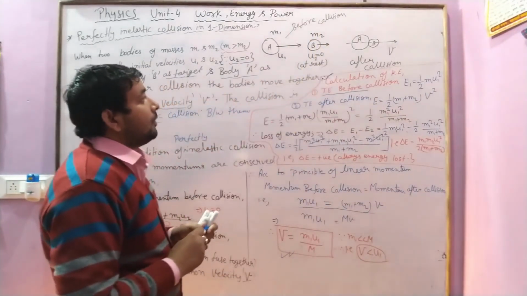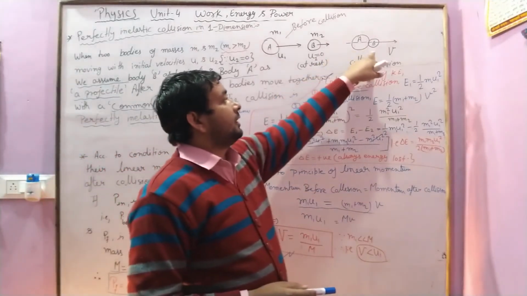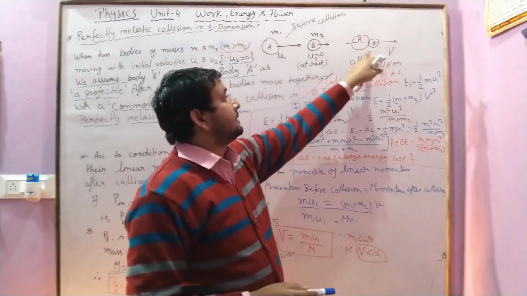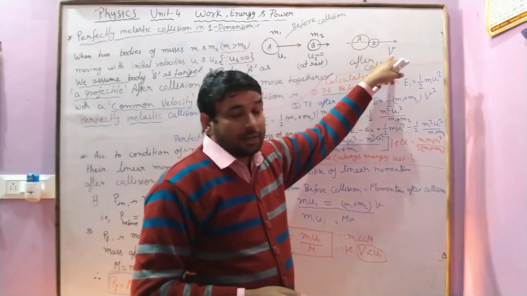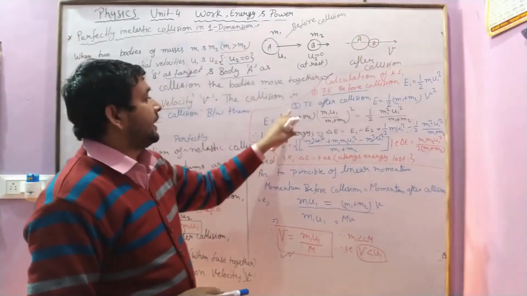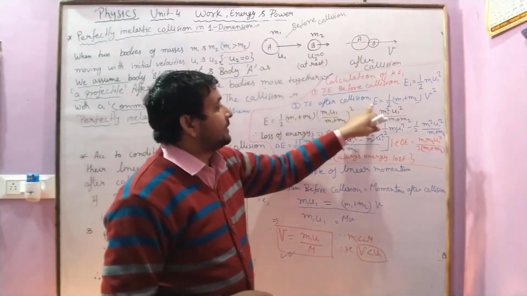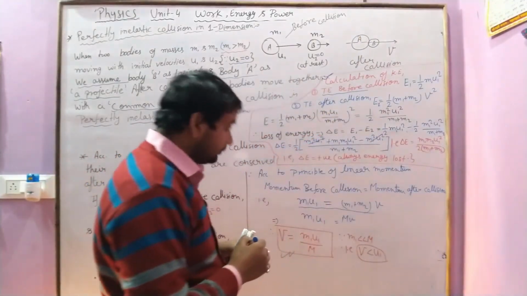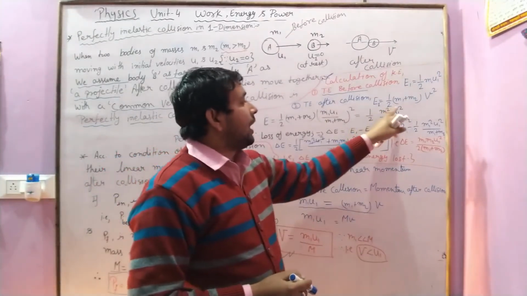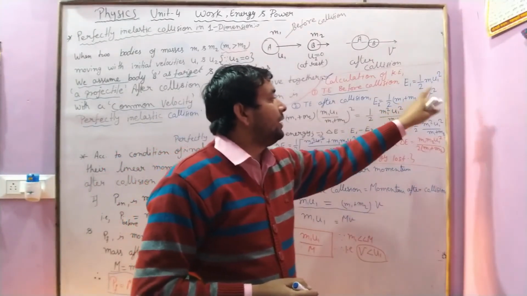Now when the objects fuse together, their kinetic energy depends on their mass and the square of the final velocity. That is, after collision energy, let's say it is E2, is equal to half (m1 plus m2) v square.